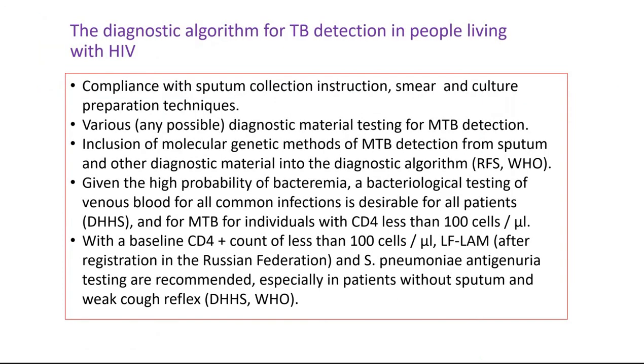The diagnostic algorithm for TB detection in people living with HIV includes such parts as compliance with the sputum collection instruction, smear and culture preparation techniques, testing of any possible diagnostic material for Mycobacteria tuberculosis detection, and inclusion of molecular genetic methods of Mycobacteria tuberculosis detection from sputum and other diagnostic material into the diagnostic algorithm, given the high probability of bacteremia.